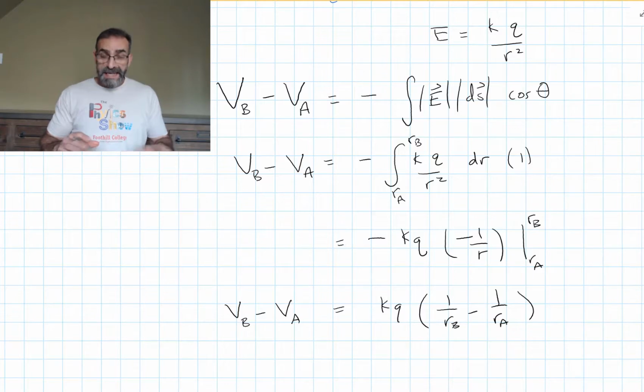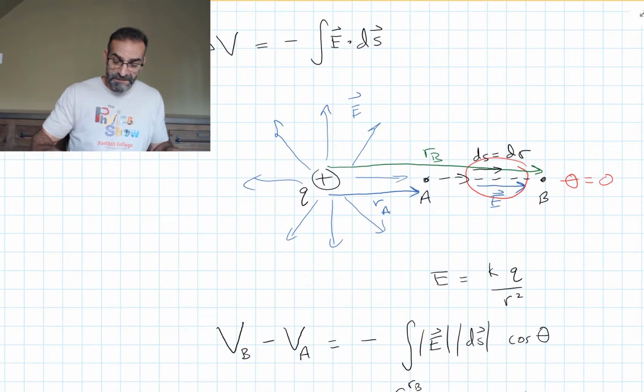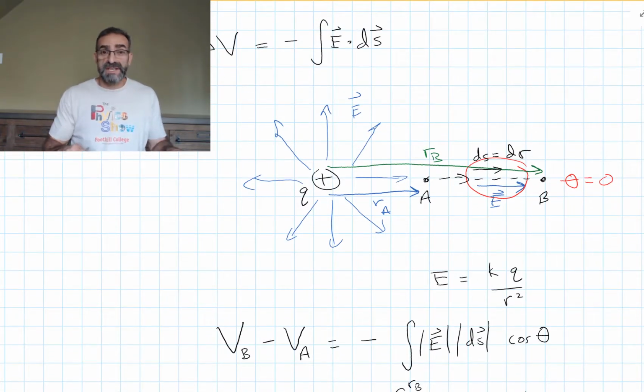So I tried to get all my minus signs right. I thought about it. I tried to get the cosine theta correct and my limits correct and all of that. Let's see if I got it right in the end. I know that the potential at point B has to be, what does it have to be when comparing it to the potential at point A?